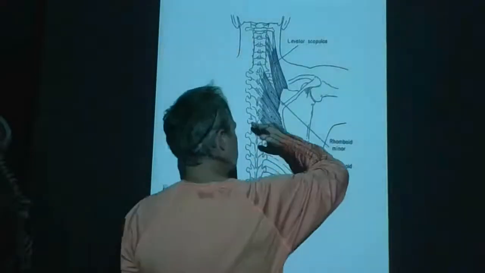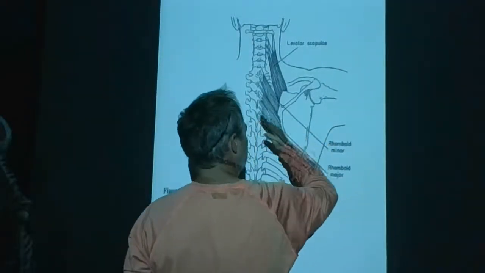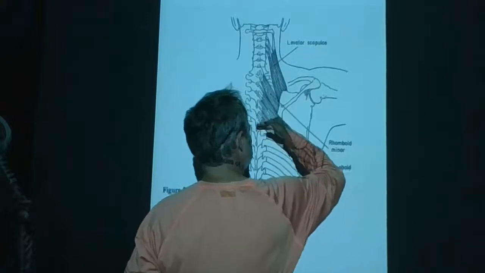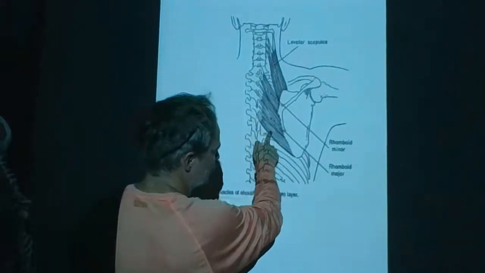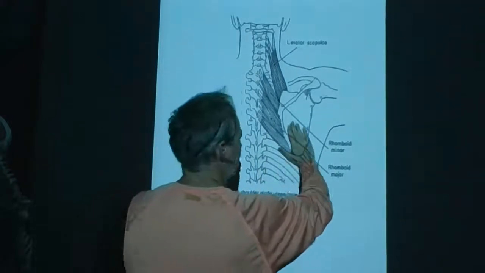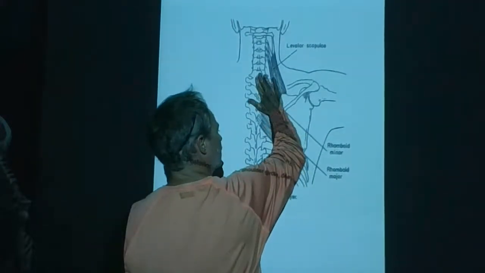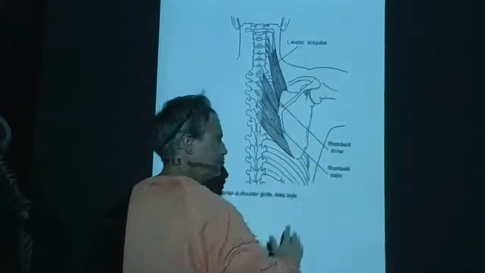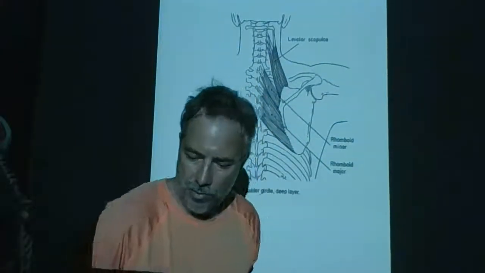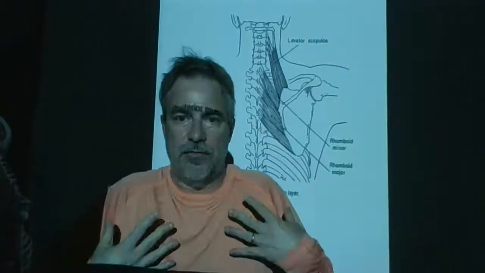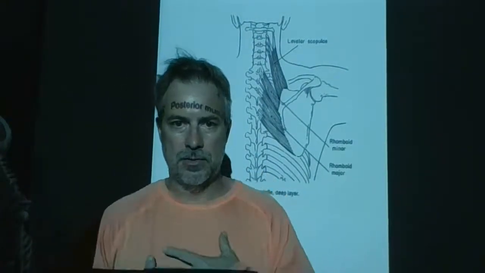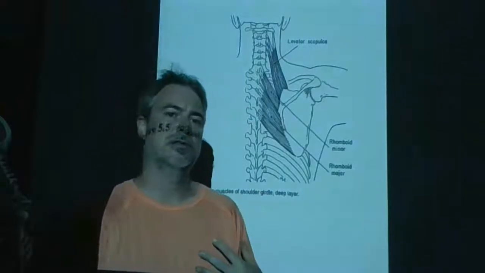But in addition to a horizontal pull, it has a vertical pull. In other words, these fibers are trying to pull an inferior part of the scapula up. So the rhomboids are retractors and elevators.